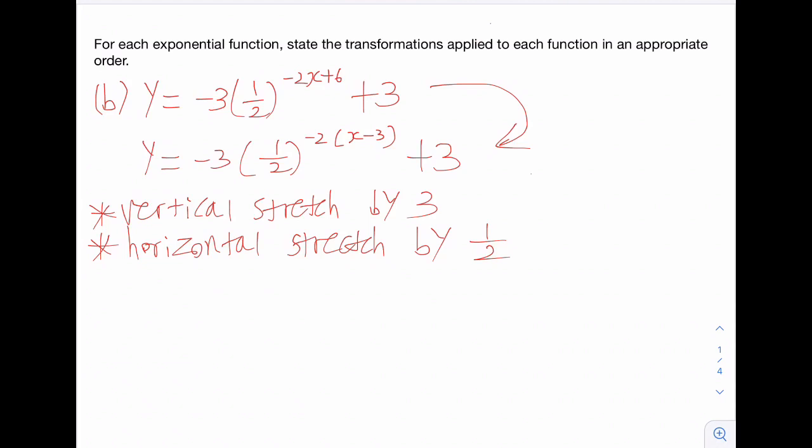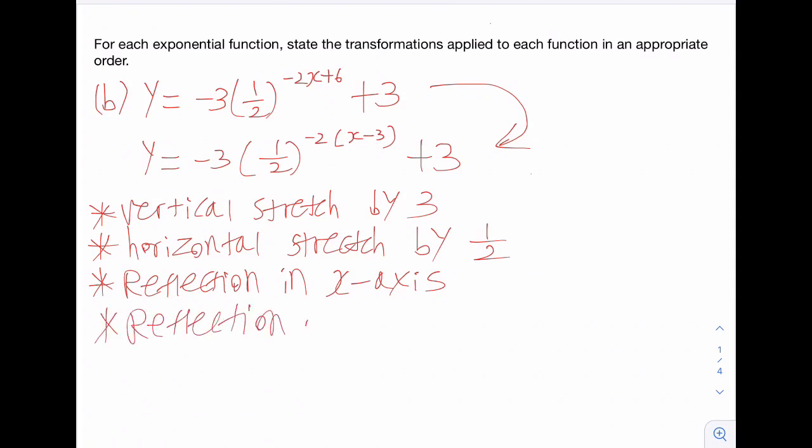Now let's move on to the reflections. We have a reflection in the x-axis, because there's a negative in front of the 3, and we also have a reflection in the y-axis, because there's a negative in front of the 2.